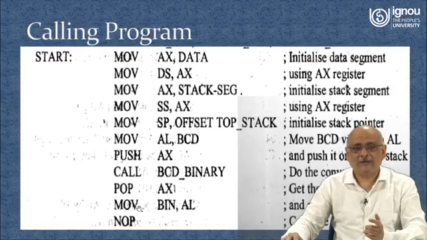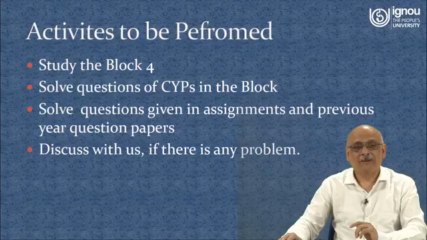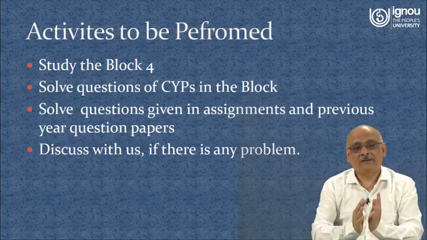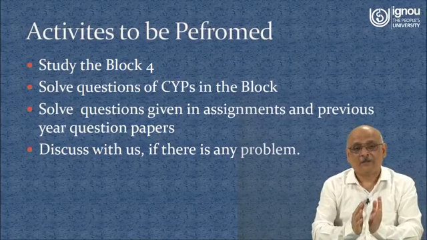Now that binary value needs to be stored in the memory, the space we created in the data segment for that. So it is going to be moved from AL into BL. That is what this particular statement does, and you just save it and then continue with the program. So this is how basically subroutine calls work in assembly language programming.